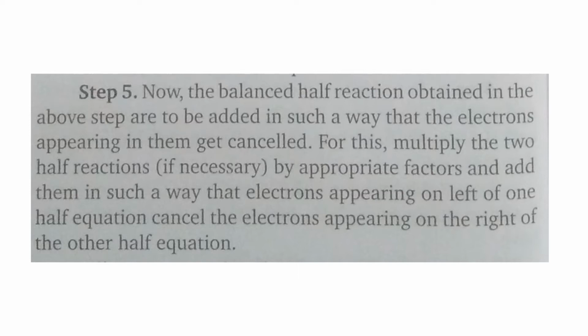For this, multiply the two half reactions, if necessary, by appropriate factors and add them in such a way that the electrons appearing on the left of one half reaction cancel the electrons appearing on the right of the other half reaction. Okay, so these are the steps involved for ion electron method balancing a redox reaction.